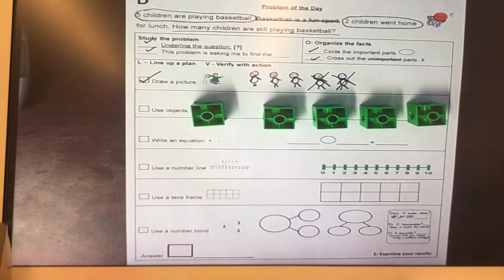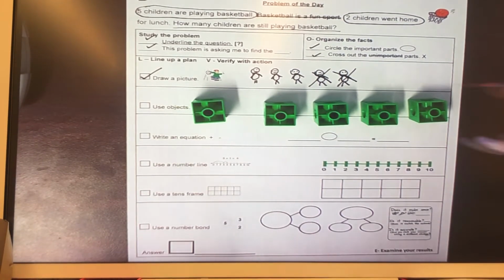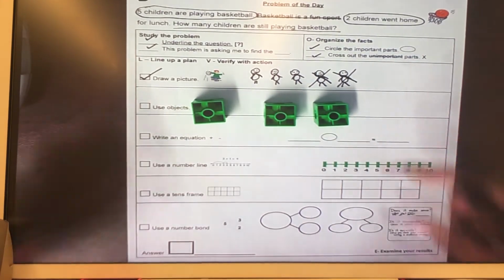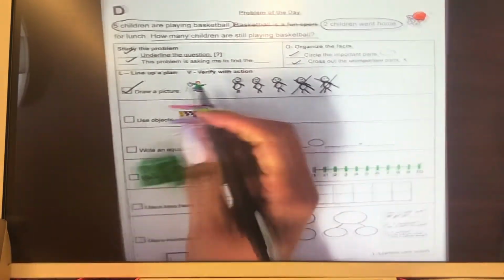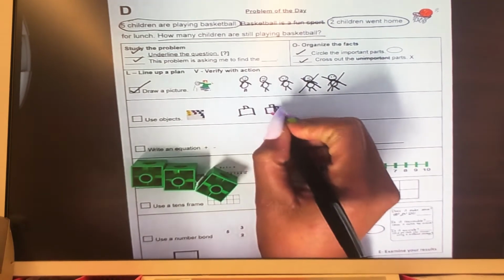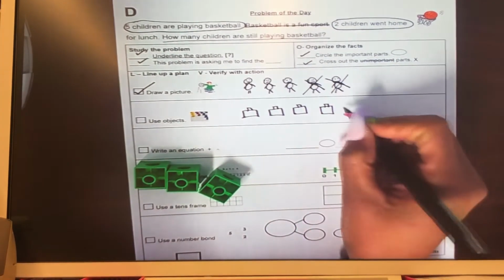And 2 went home. We need to take 2 away. So count with me. 1, 2. We have 3 remaining. And let's draw our cubes to show that we use our manipulatives to solve this story.